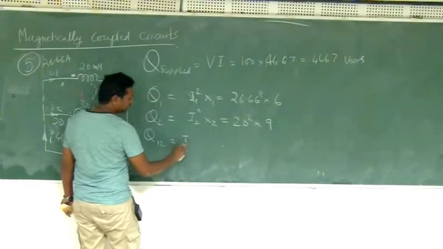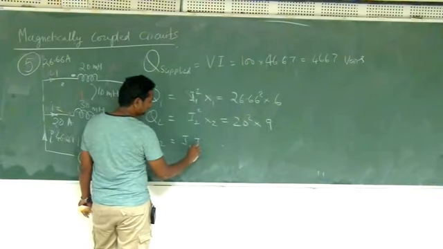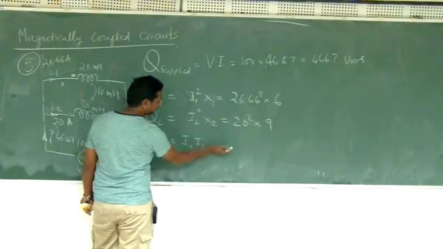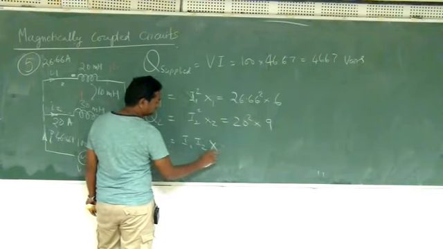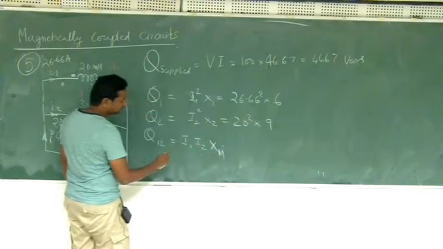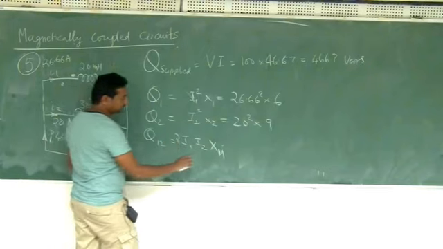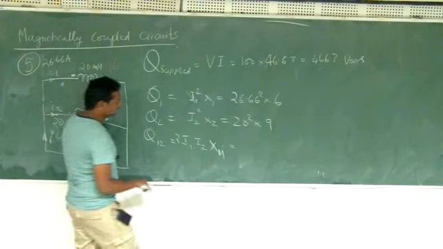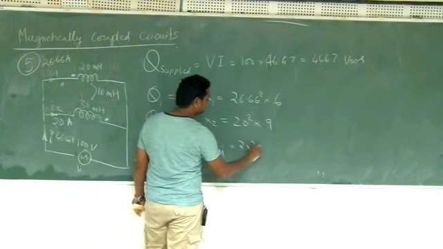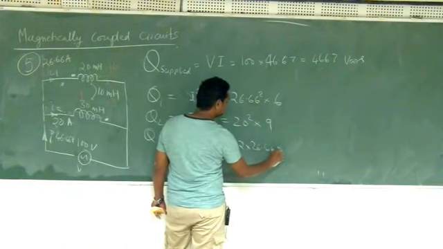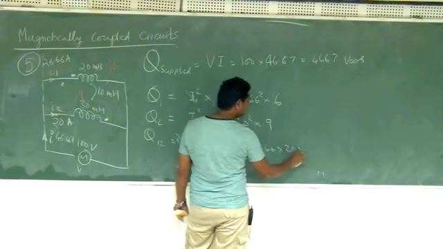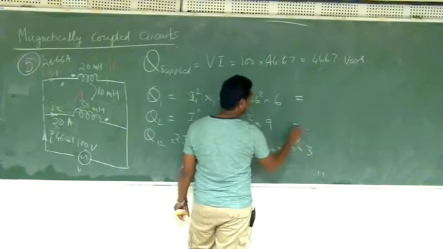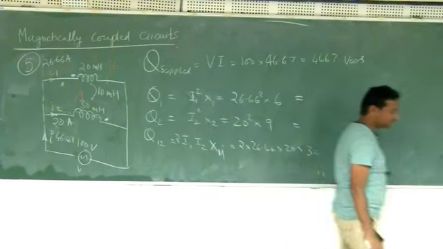Then this will be I1, I2 and then the mutual X, and this will be 2 times because it is affecting 2 places. So that will be 2 into 26.66 into 20 into 3. So how much is this?